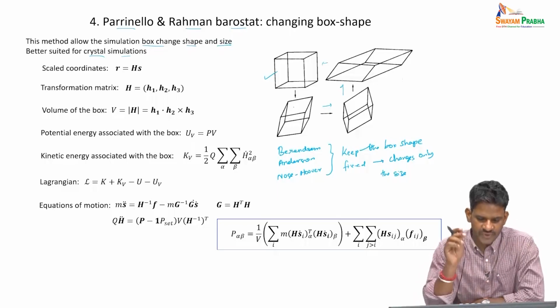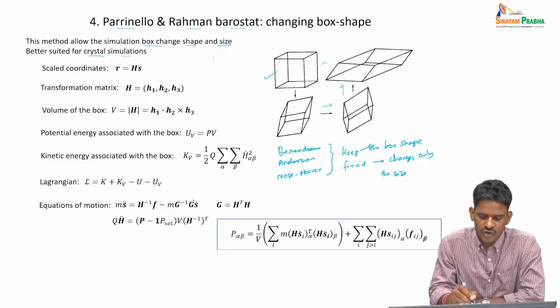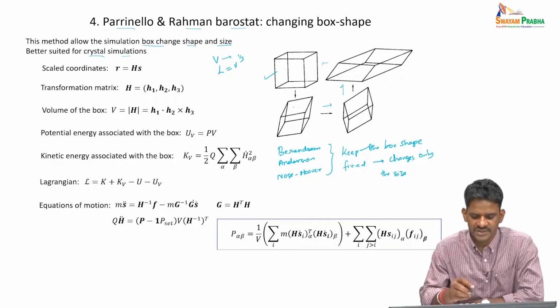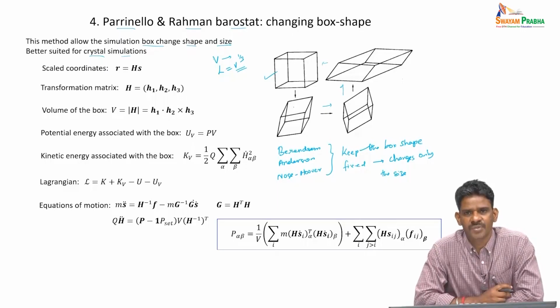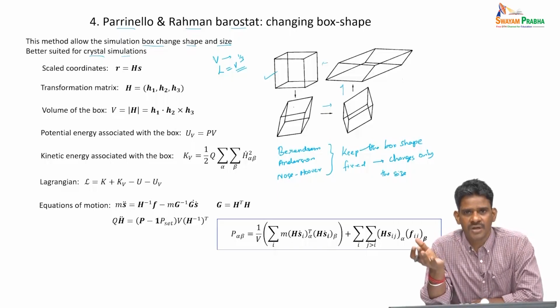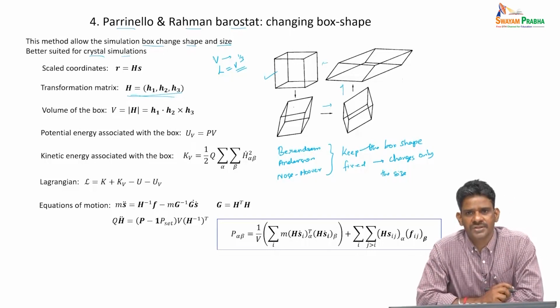So here in all the previous examples, since the shape was cubic, we could always talk about the volume, and we can talk about edge length to be V to the power 1/3, and then the scaling can be done with this factor V to the power 1/3 all the time for scaled variables. But now that the shape of the box is going to change, we are going to define a set of vectors for denoting the box edges.